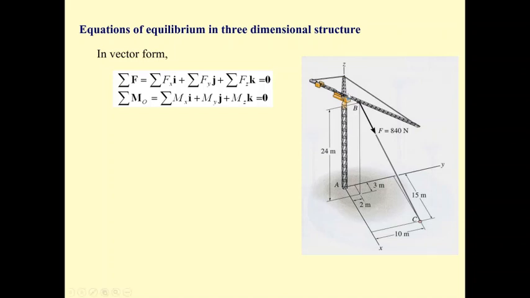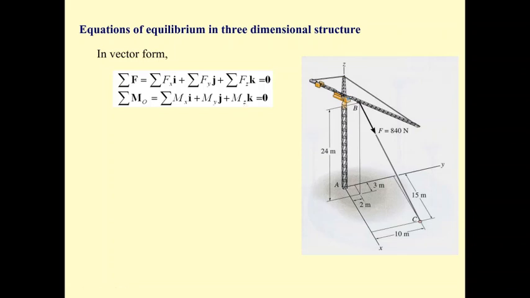Since the force can be separated into the force in the x direction, the force in the y direction, and the force in the z direction, we're going to have 3 equations of force for equilibrium. And also for the moment, there are 3 of them: summation of moment about the x-axis, summation of moment about the y-axis, and summation of moment about the z-axis.